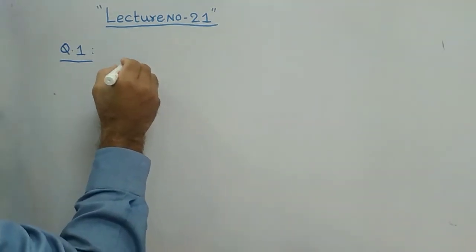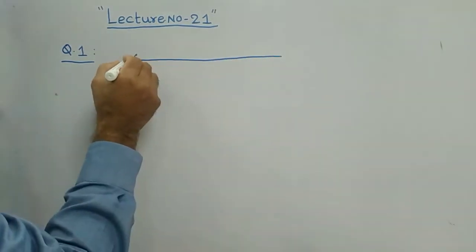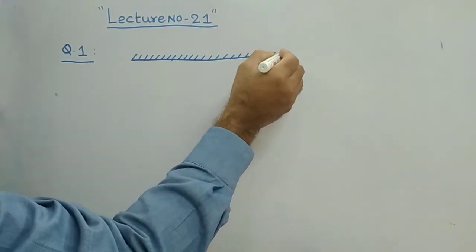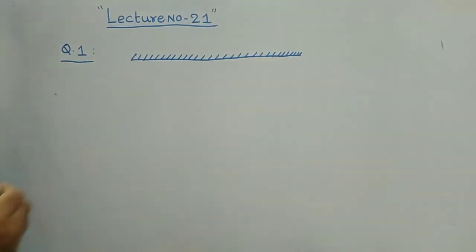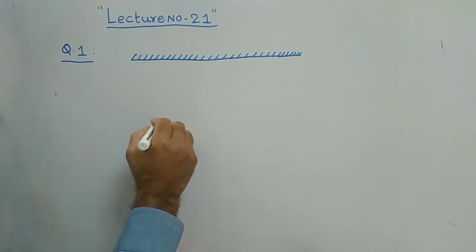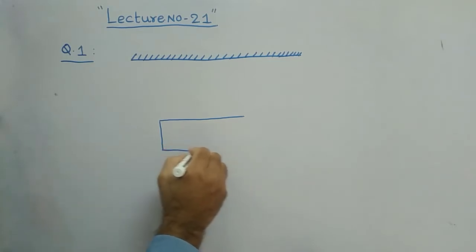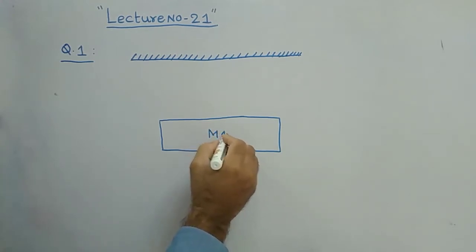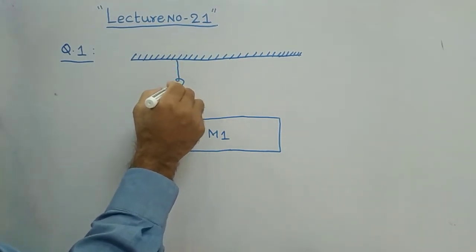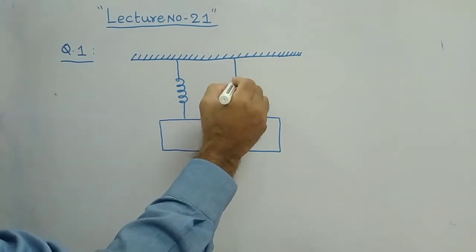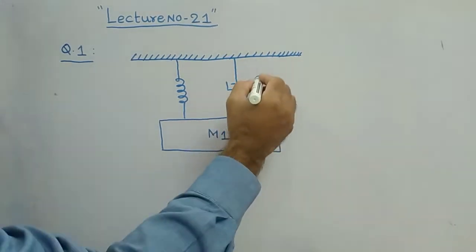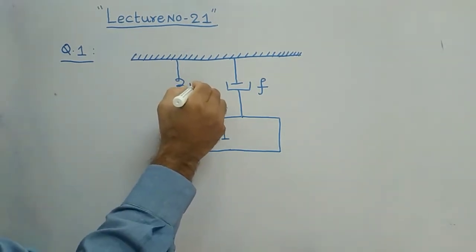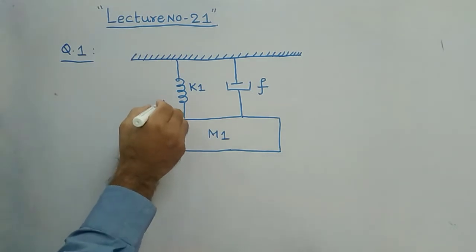There is a reference given here, and for this reference there is a mass m1 connected with a spring constant K1 and then with the dashpot, and upon which force F of t is given.